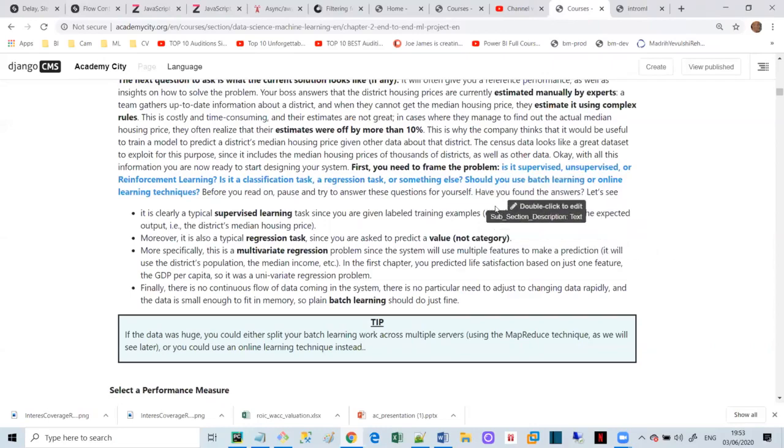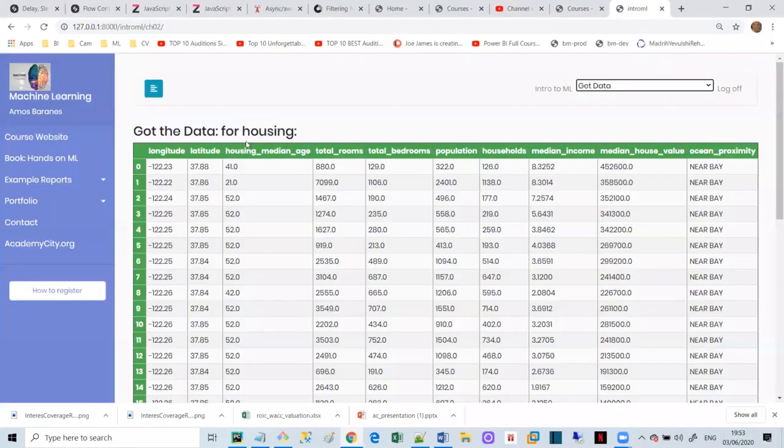Finally, pay attention. Should you use batch learning or online learning? If you go into chapter 1, what is batch learning and what is online learning? In a batch, we take all the data that we have and we train the model, okay?